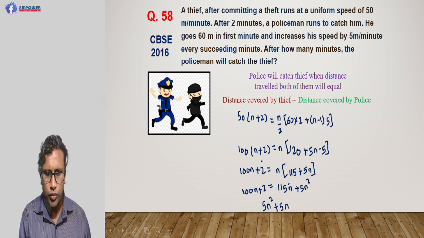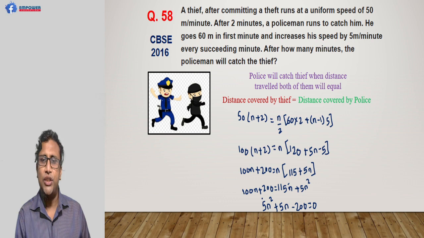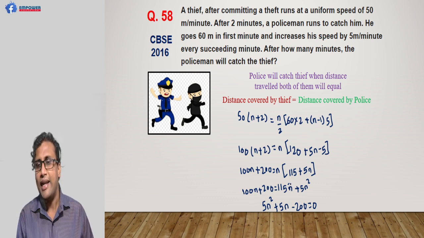Yeah, so here it's not 2, right? Here I am supposed to write 200, not 2. So let me correct that one. So this is 200, yes, and this will become minus 200. Why? Because we are actually taking 100n plus 200 to the RHS side, right?